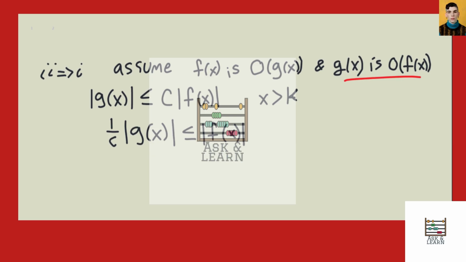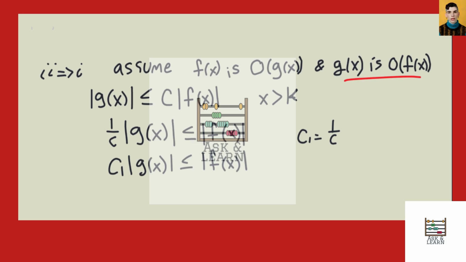So if we let c1, the same trick as last time here, be 1 over c, then this implies that c1 times the absolute value of g of x is less than or equal to the absolute value of f of x when x is larger than k.